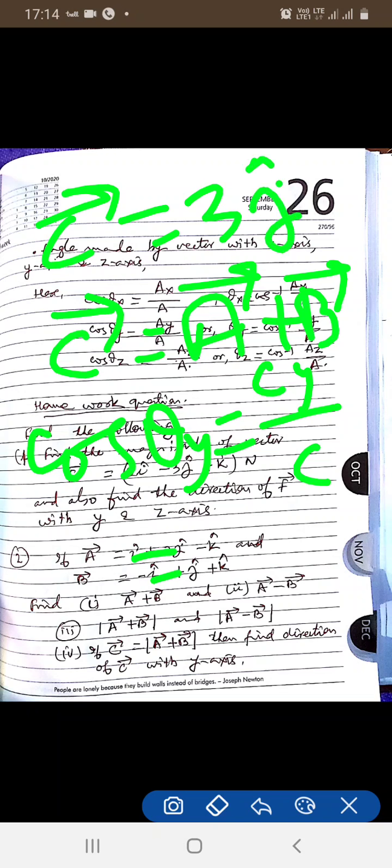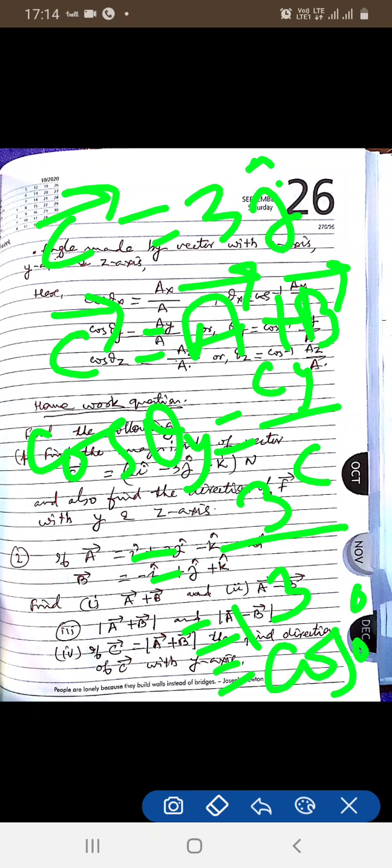So Cy, that is the component of vector C with j cap, is 3 upon mod 3, that will be equal to 1. It means cos 0 degree is equal to 1. It means the angle is 0 degree. Therefore, the answer will be theta y equal to 0 degree.